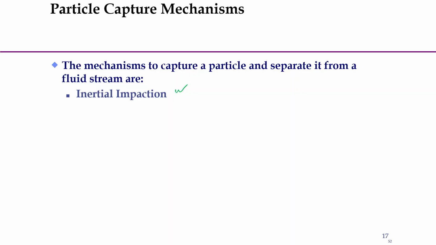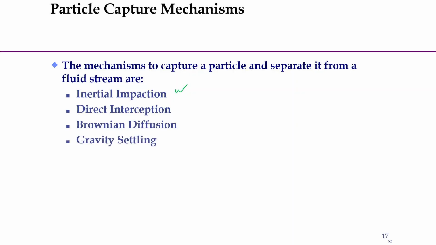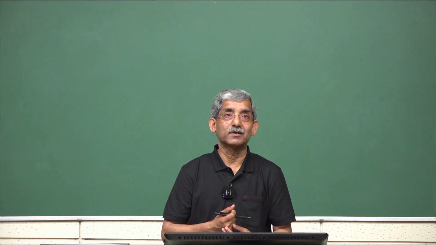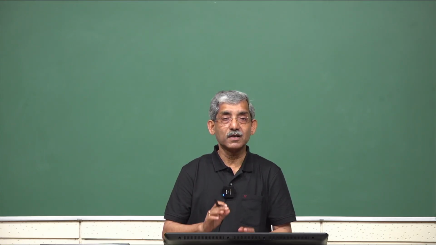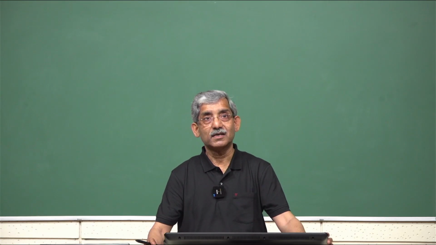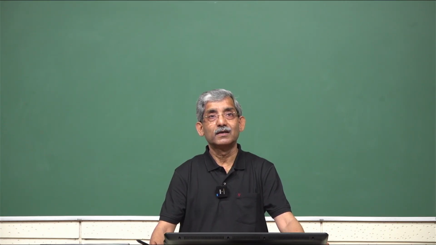So, inertial impaction, direct interception, then Brownian diffusion, gravity settling, electrostatic charges. So, these are the different ways to capture the particle. The filtration mechanisms we will discuss in the next session. Till then, thank you.